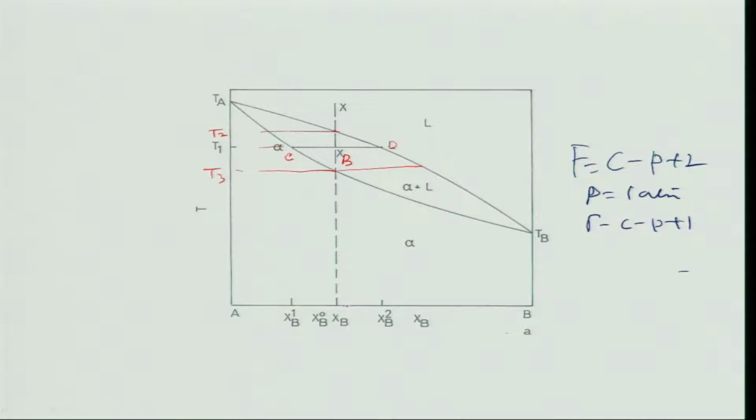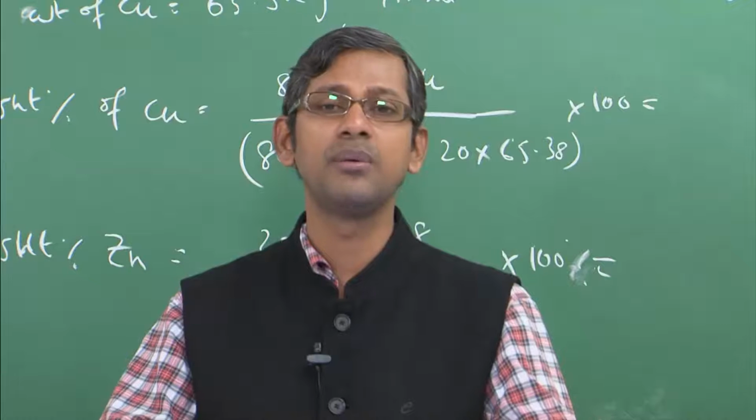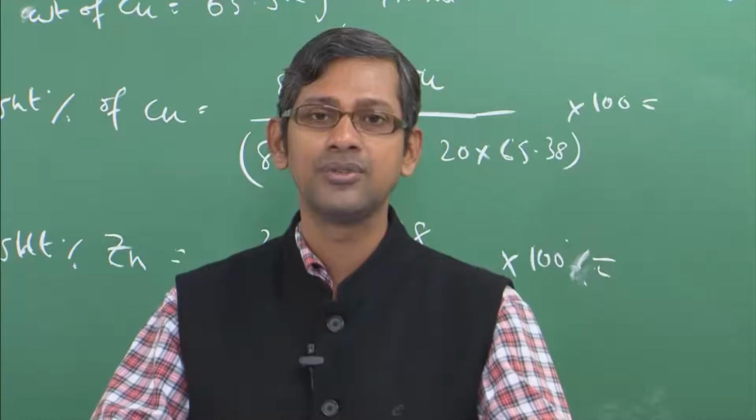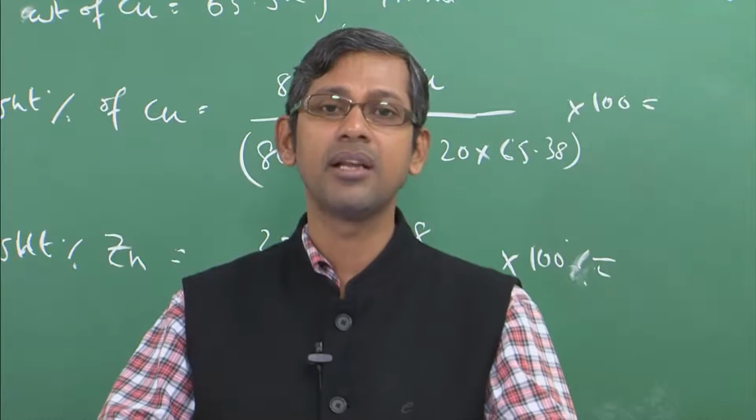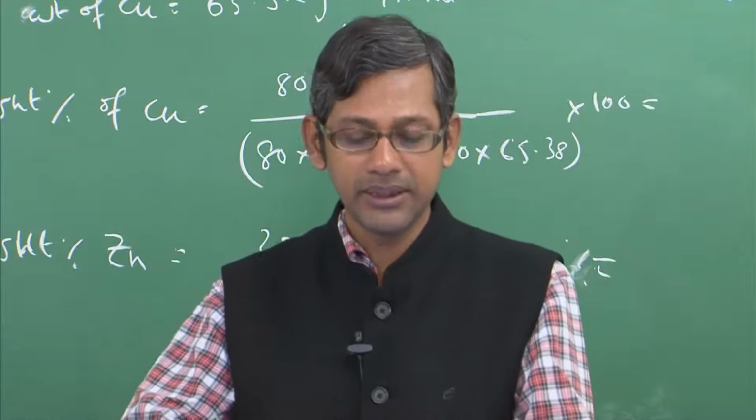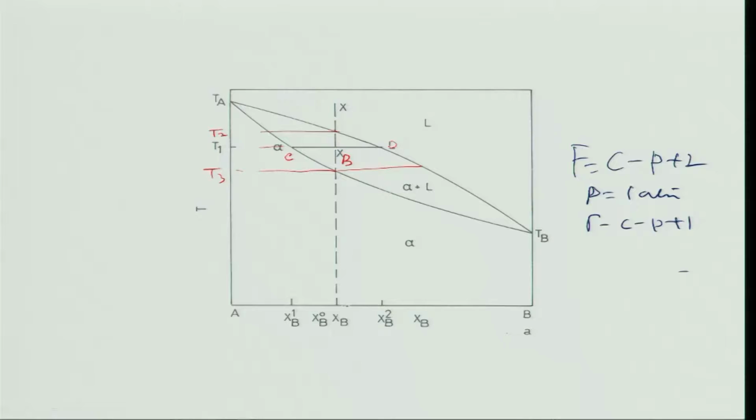All of you have used hand pumps. In hand pumps we use a lever to push and get water out, and there also the lever has a fulcrum. In the same way, let us assume CD is a lever with X at the fulcrum. Then the volume fraction of alpha is given by XD divided by CD.